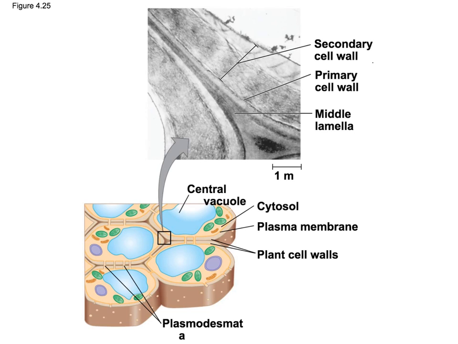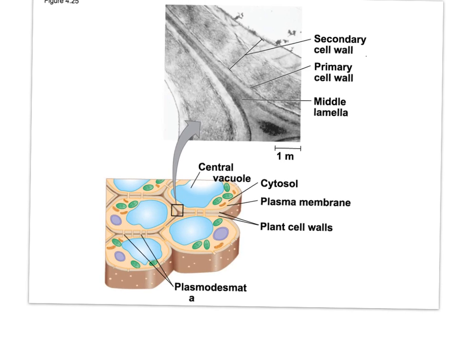All right, so here's what it looks like. Here's your primary and secondary cell walls, right? There's a middle lamella. Why is there a primary and secondary cell wall? What's the middle lamella actually? If I had two plant cells, here's a plant cell, here's a plant cell. Where did the cell wall come from? Who builds it? Not Donald Trump.